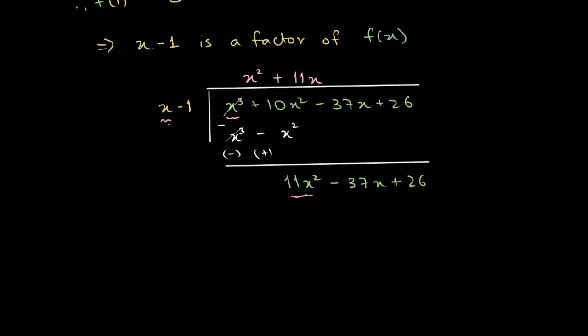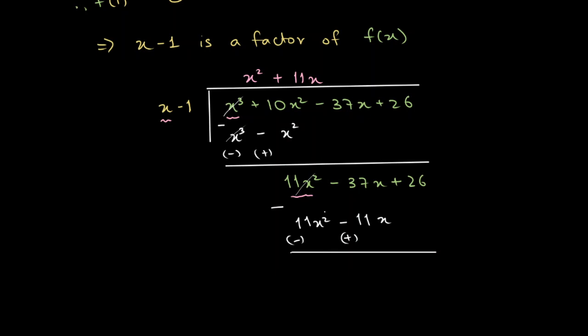Now plus 11x into x, again multiplying with the divisor, 11x into x makes it 11x squared. 11x into minus 1 is minus 11x, right? And remember, we are subtracting the two expressions, so plus becomes minus, minus becomes plus.